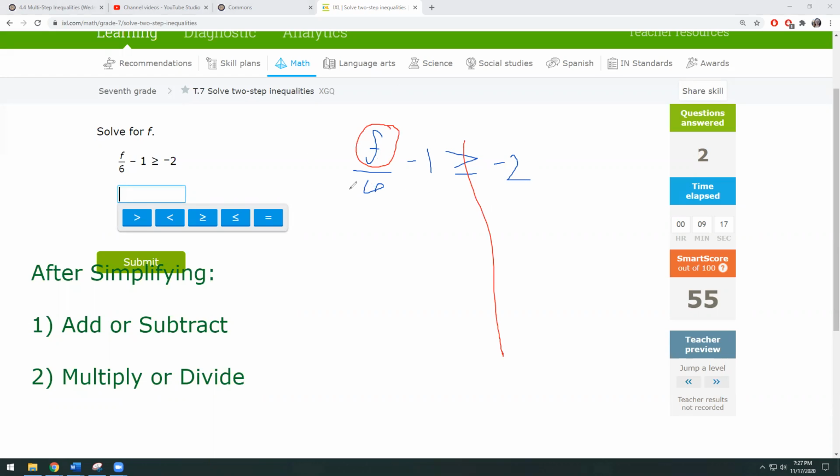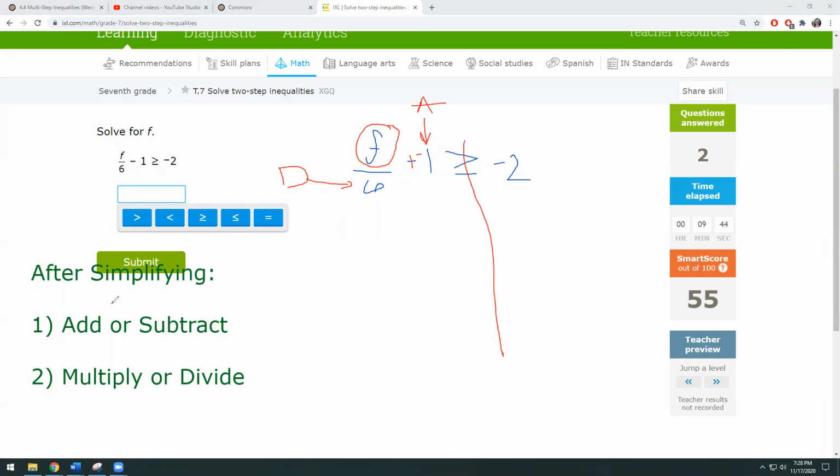So I'm going to look at my two numbers that are with my f after I KCO. Got to KCO that. So I've got a 6 and I've got a negative 1. It's easier for me to figure out which one's being multiplied or divided because that is very obviously division. So I see division right here, which this number is being added.